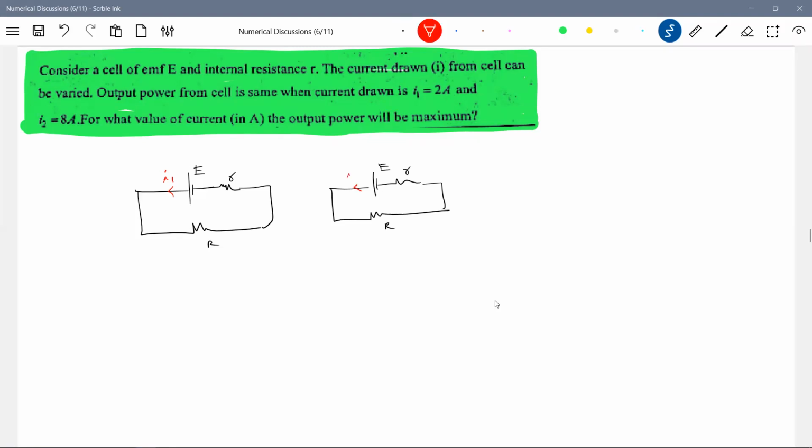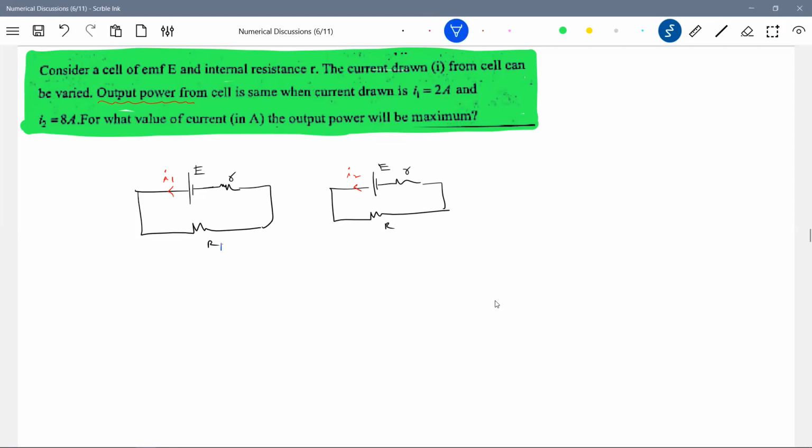Can we assume something like this? What do you mean by output power? I think this has to be justified here. Shall I write R only or R1, R2?